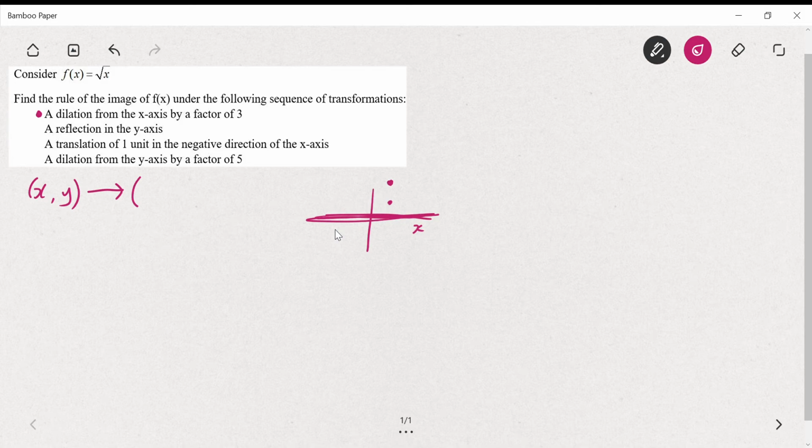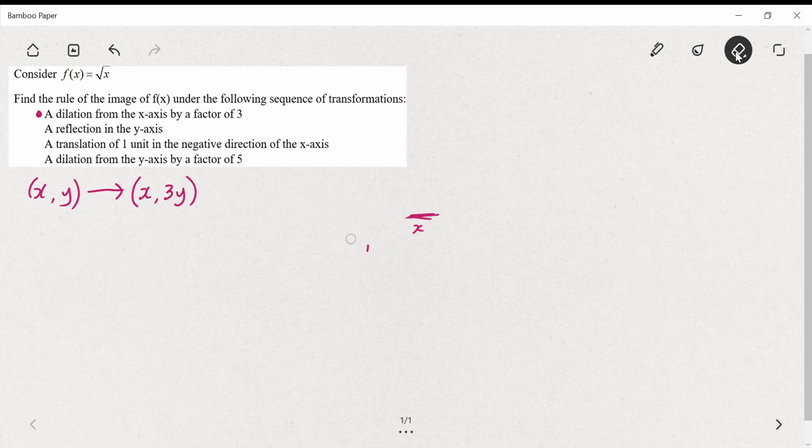That's a vertical dilation. So we're making the x stay the same, but the y is now 3 times y. Okay, that's the first thing that happened.